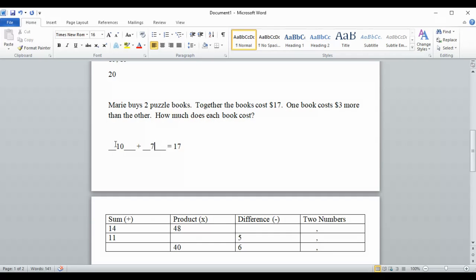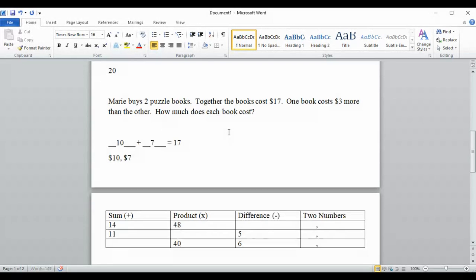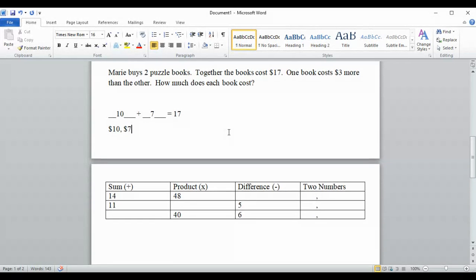It's 10. So that was a very good first guess. So this is how much does each book cost? Well, one book costs $10 and the other book costs $7. So that would be my final answer. All right, I didn't have to adjust that at all.